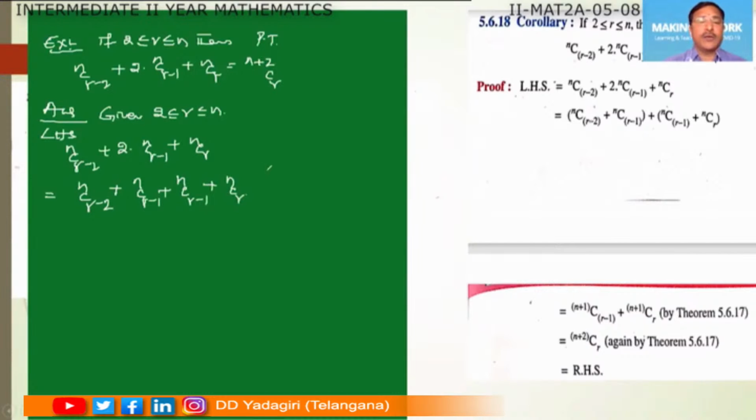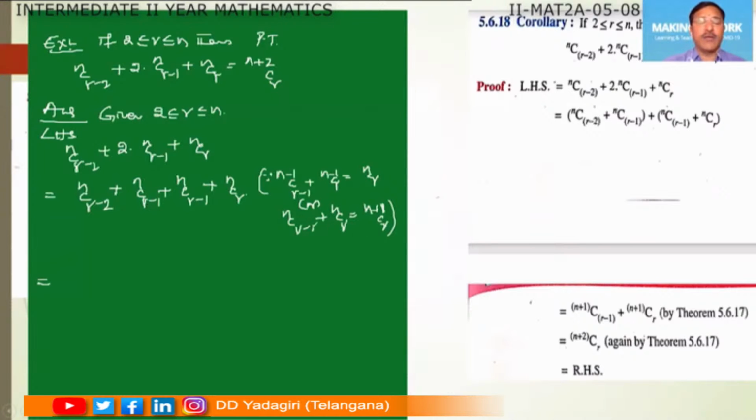Now according to the formula we have just learned, n minus 1 C r minus 1 plus n minus 1 C r is equal to nCr. Or we have learned the theorem in this form: nCr minus 1 plus nCr is equal to n plus 1 C r. From either of these two formulas, this is like nCr minus 2 plus nCr minus 1.